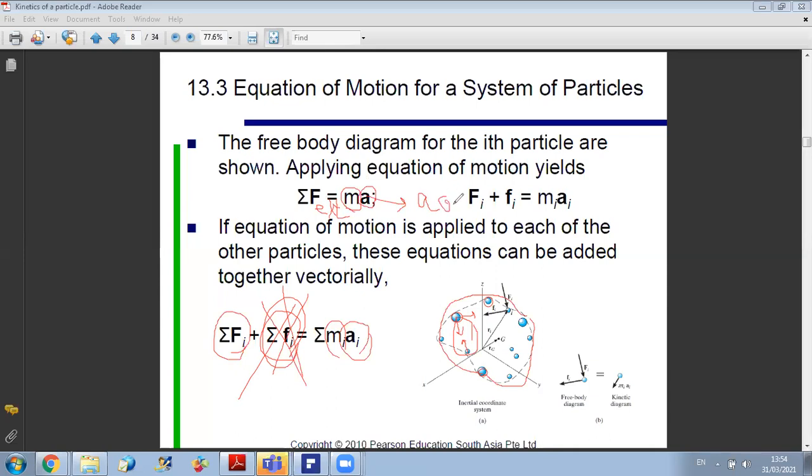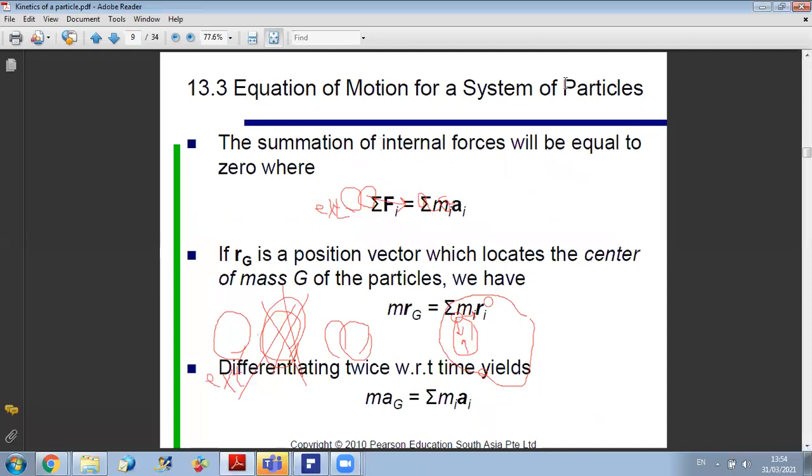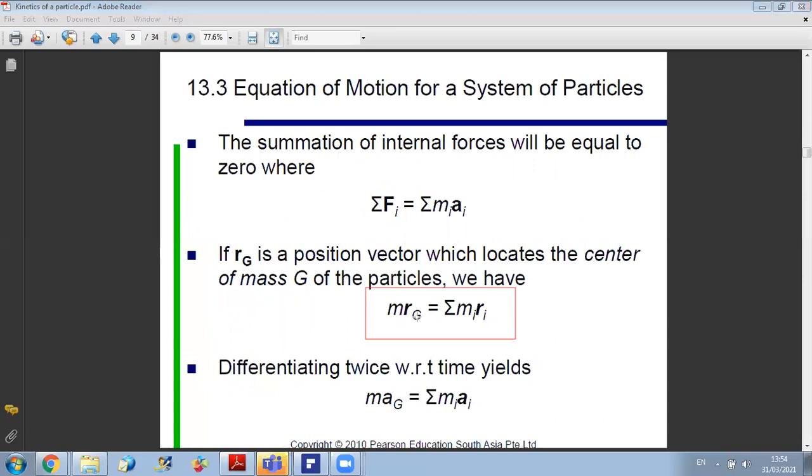Why? Because as we have written here, the summation of external forces is equal to the summation of m_i a_i, meaning the mass of each particle times the acceleration of each particle. But we know that the center of mass of a system is characterized by what relation? This equation allows me to find the position of the center of mass. The mass of the system times the position of the center of mass is the summation of the mass of each particle or part times the position vector of this particle.